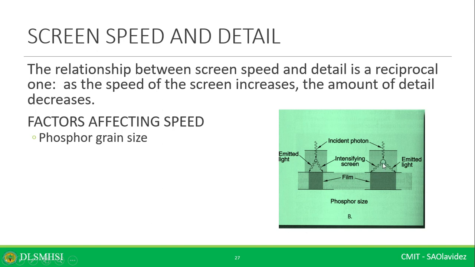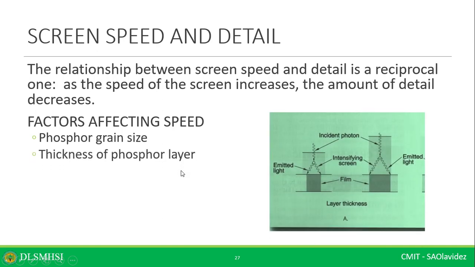The bigger grain is more effective in absorbing X-ray photons and therefore will result in a higher speed, but it also emits a more divergent light pattern that affects a greater portion of the X-ray film in comparison to the one with the smaller grain size. And so, as we have mentioned, a bigger grain size results in a higher speed intensifying screen, but also results in a poor detail image.